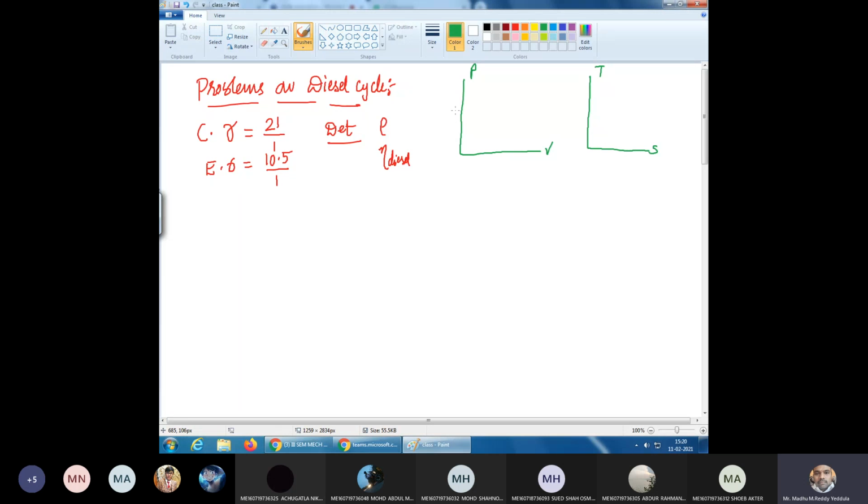As we know, the heat addition is taking place at constant pressure, and heat rejection is taking place at constant volume. So in the TS diagram, both are inclined, only the slope is different. Now let's join.